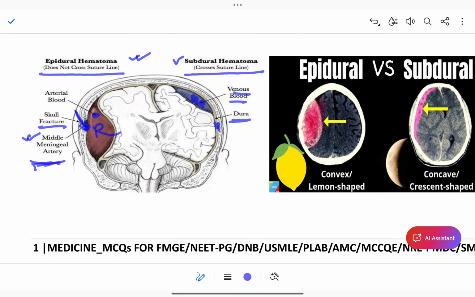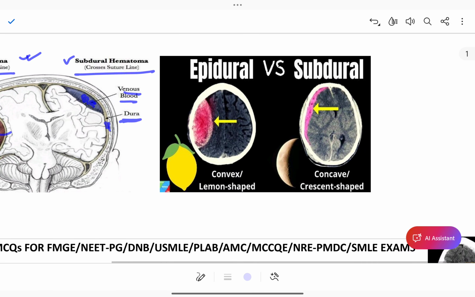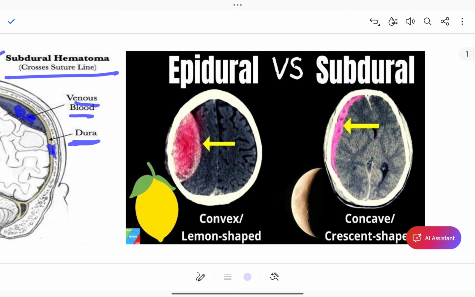This is venous blood. Come to this picture. This is epidural and this is subdural.